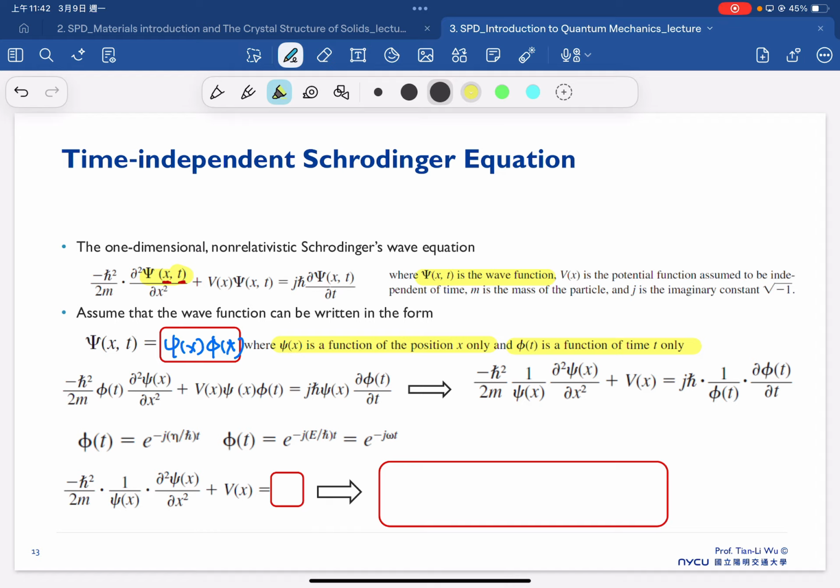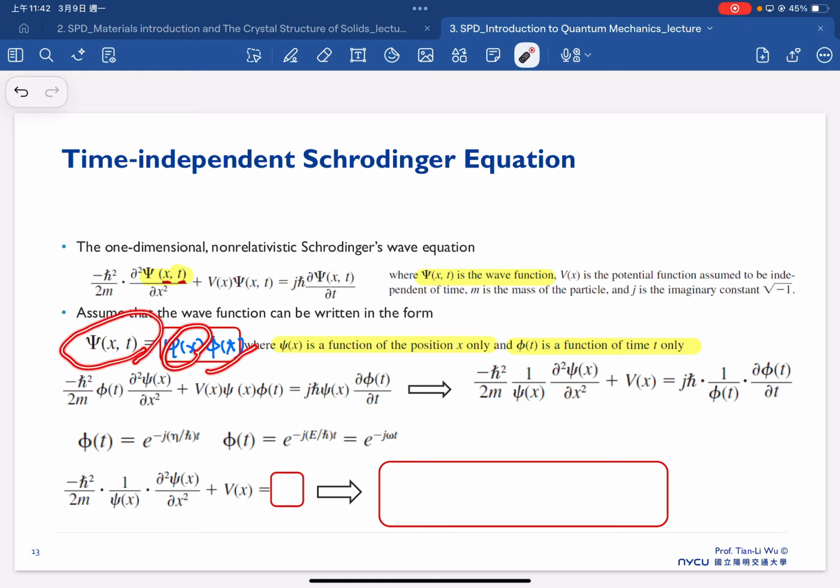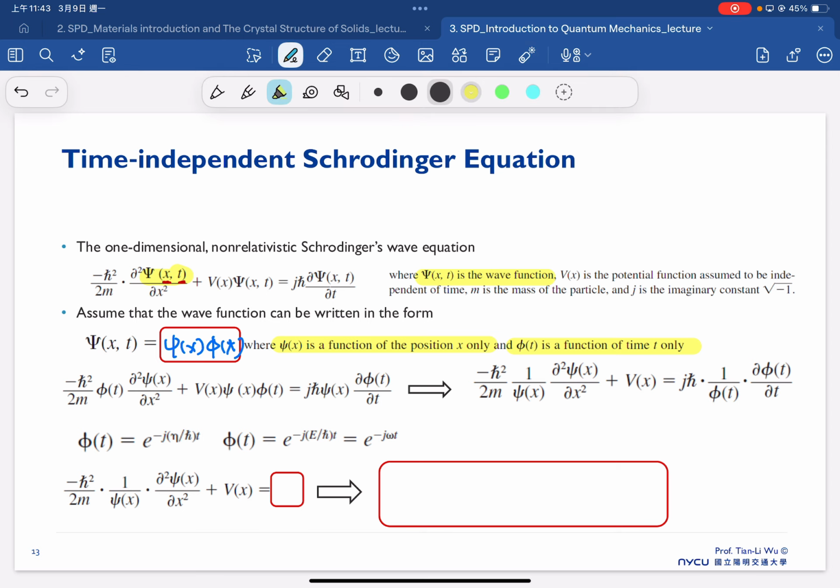This is very general mathematics, where we divide the two parameters into factors multiplied together. This is what we learned from engineering mathematics, and it is one trick we learned there. So we apply this trick and put it again inside this wave equation.